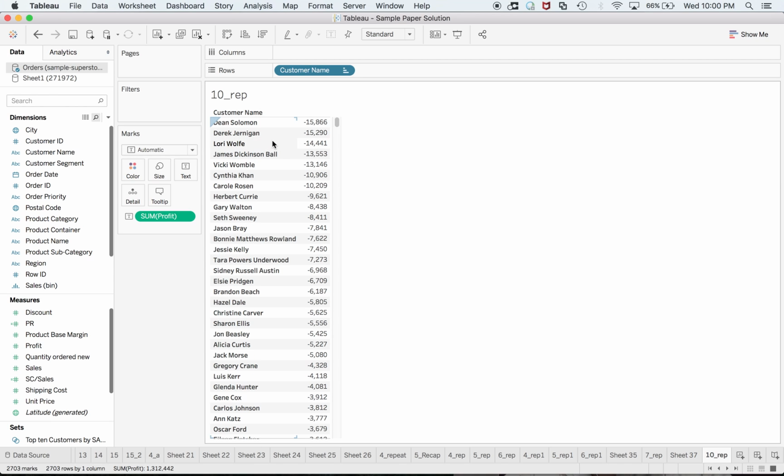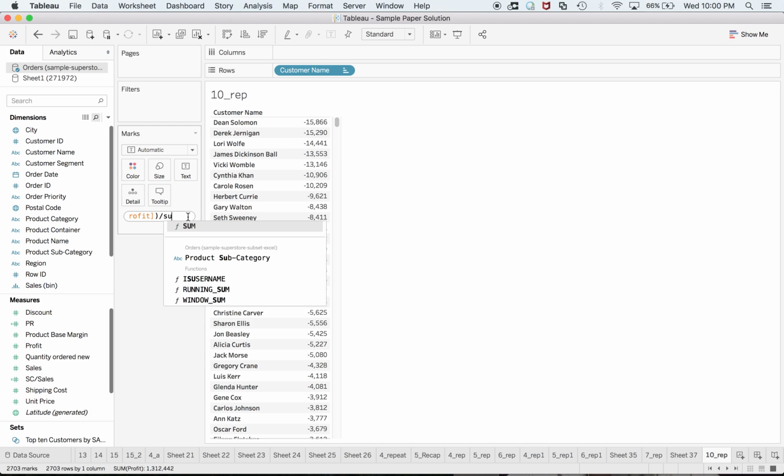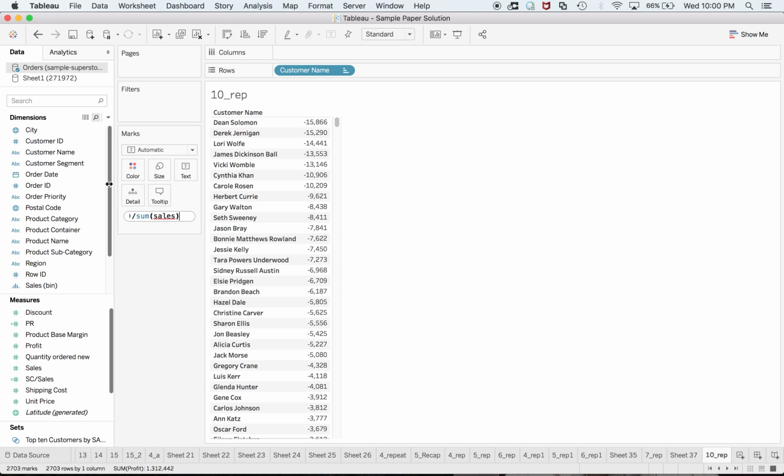The least profitable is Mr. Dean, brother of Mr. Bean, Mr. Dean. Okay, so but I need to know the profit ratio for this. So if you would have noticed, we were talking about to make use of ad hoc calculation and reduce one step. So I would do sum of profit upon sum of sales, and directly I can see the answer.